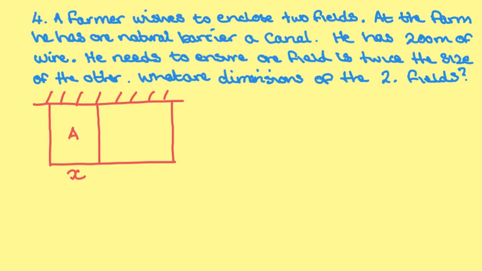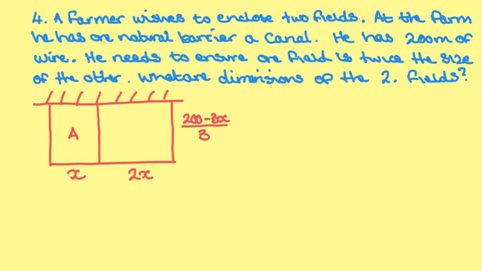So that means the second field has a width of 2x. We now have 200 meters of wire, and we got 3 lengths still to build. So each length must be 200 minus the 3x divided by 3 meters long.